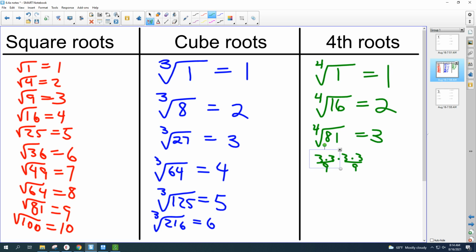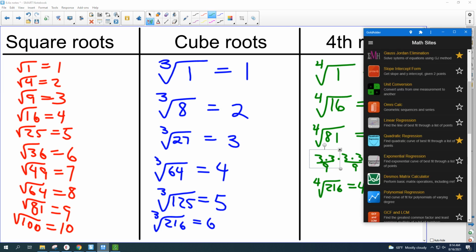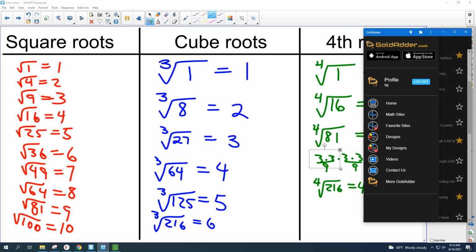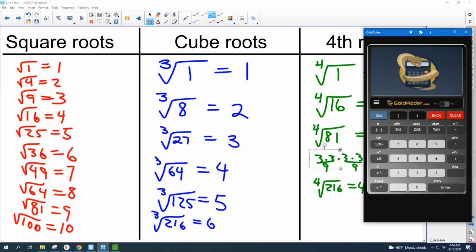So I really don't know that I would know anything. I think maybe the next one is 216. The fourth root of 216 is 4. To check that, one thing you could do is 4 to the 4th power. Oh, 256. So I was wrong. That's not 216. That's 256. Okay.